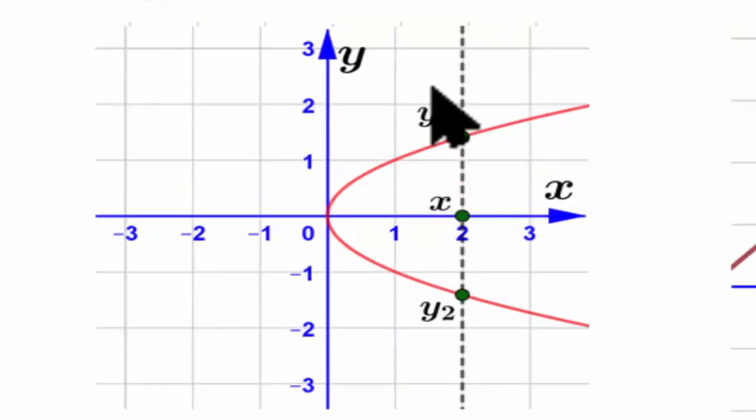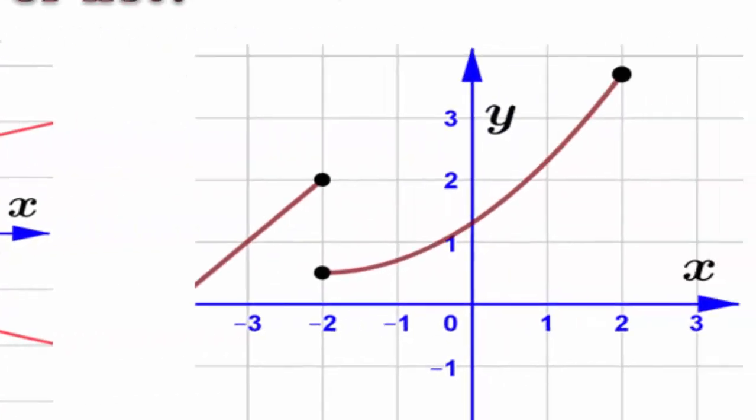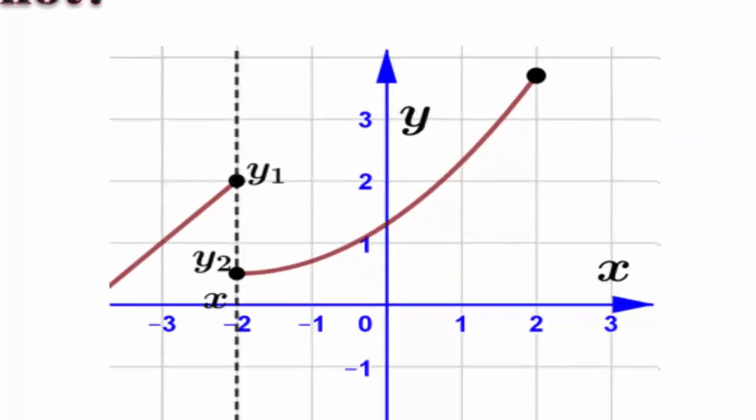The second one, when we draw the vertical line, you can see that this vertical line cuts this graph in two places, y1 and y2. Therefore, this is not a function. Here, you can see that the vertical line cuts the graph of this function in two places, y1 and y2. Therefore, it is not a function.